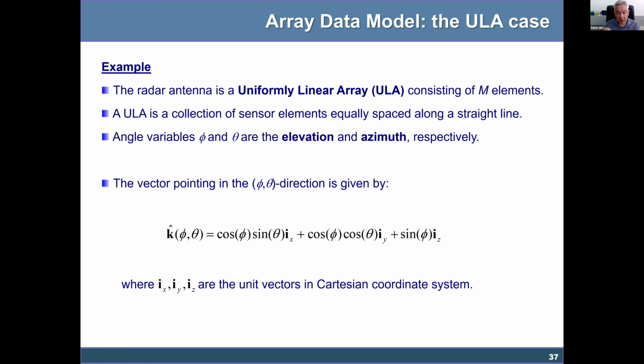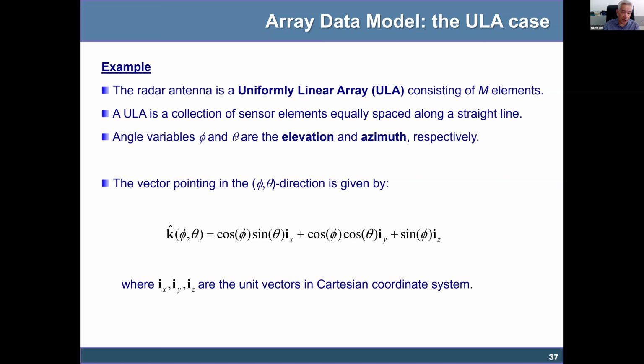Uniform means that the distance between adjacent sensors is the same. So if you have an array like this, it is called ULA, Uniform Linear Array. So let's derive the relationship between the direction of arrival and the delays under the assumption that the array is a ULA.